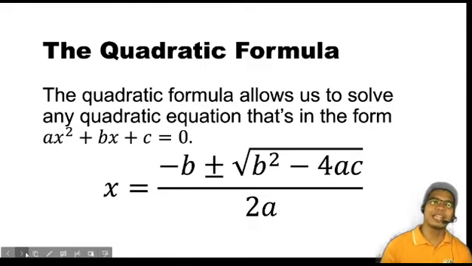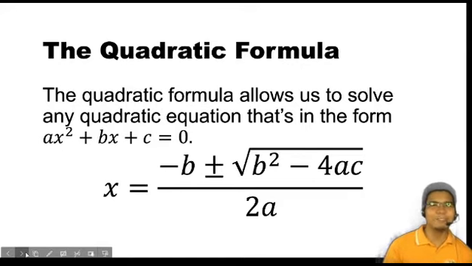The quadratic formula allows us to solve any quadratic equation that's in the form ax squared plus bx plus c equal to 0. As you can see, the quadratic formula involves a, b, and c. This is why it's important to get the values of a, b, and c using the standard form of a quadratic equation.